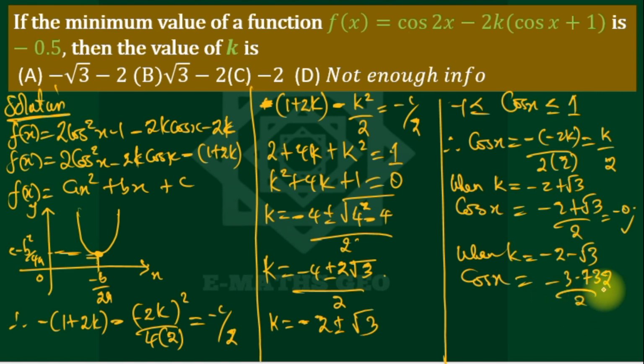So you get something that is not in this interval. I think you get minus 1 point something, which is out of this interval. So the other k is the right answer. So the answer is option B. Let's not rush and pick the 2, or say not enough info. So the best answer is B. Thank you.